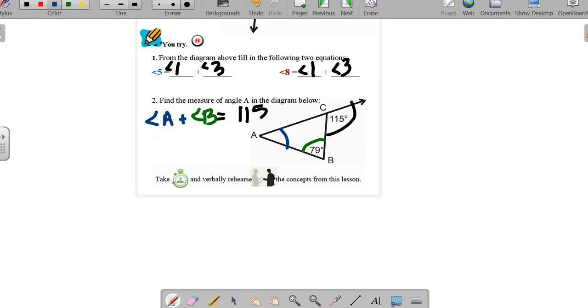So this here was unknown plus 79 equals 115. So our unknown is 36.